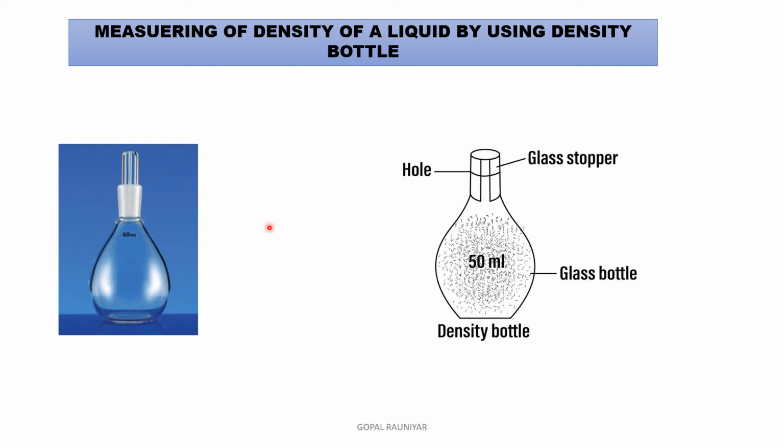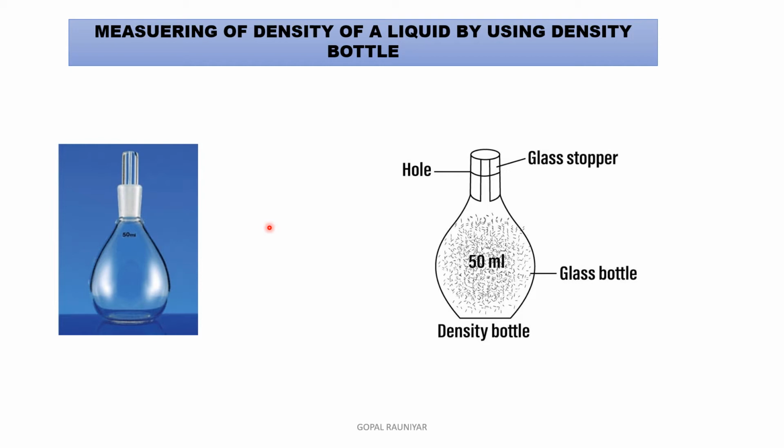If there is excess liquid, it will drain out, and we have to wipe the bottle dry from the outside. Then measure the bottle filled with distilled water on a physical balance and record the mass.